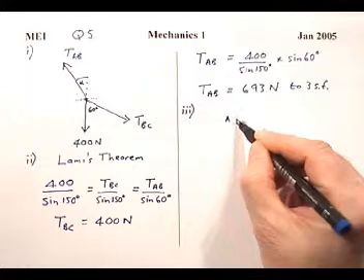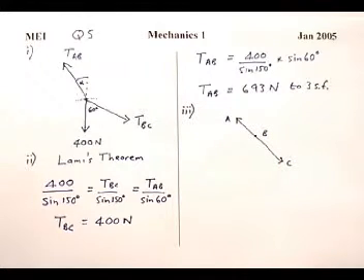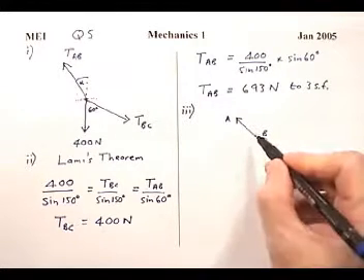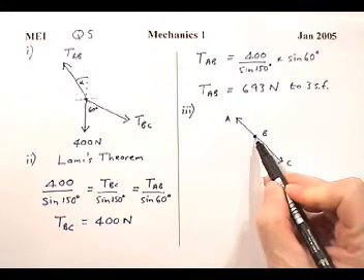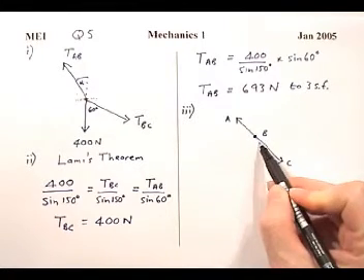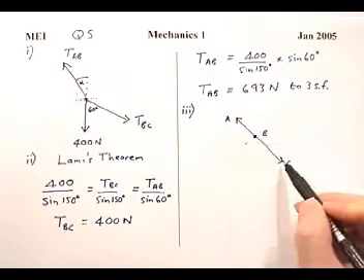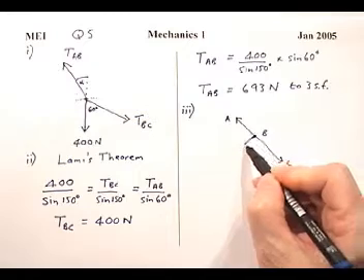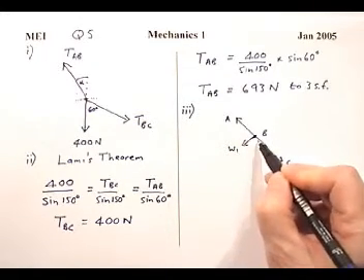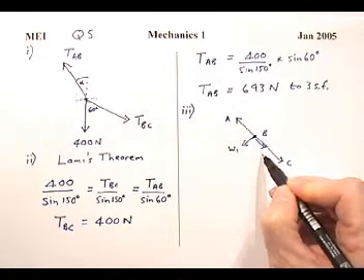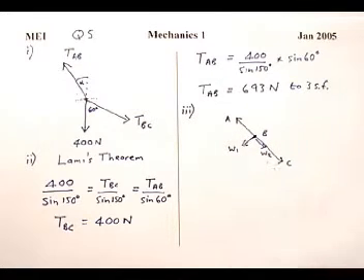So we've got the tensions in AB and BC, and we have the weight acting at B. Now if we resolve the weight into two directions parallel and perpendicular to AC, we can call that component of the weight W1 and that component of the weight W2.